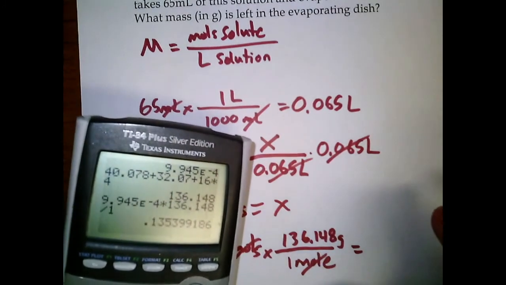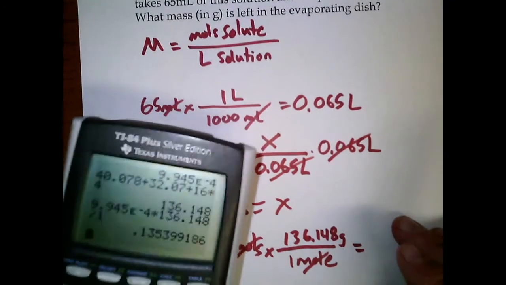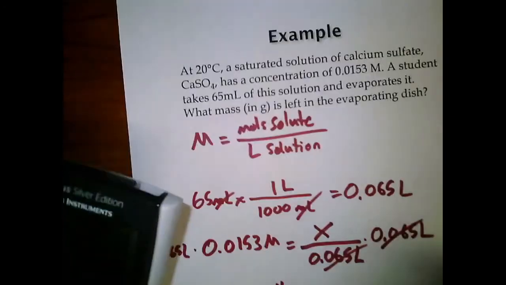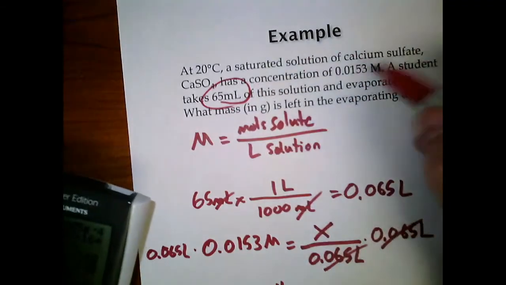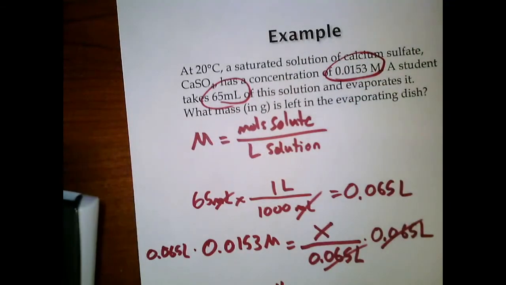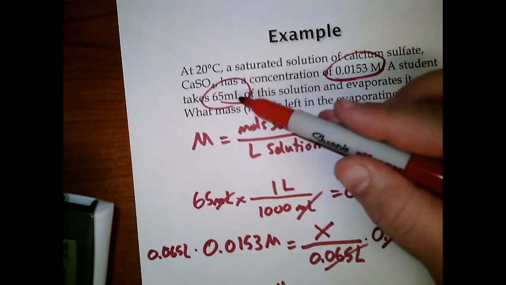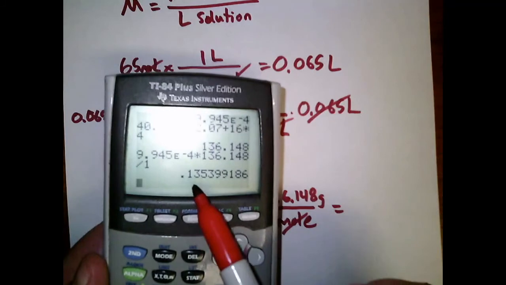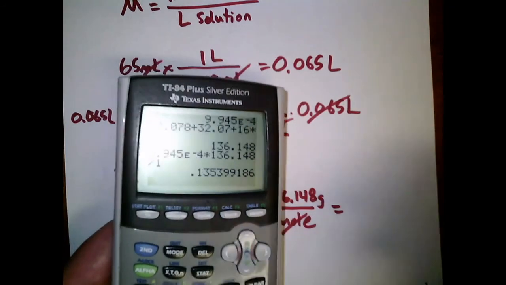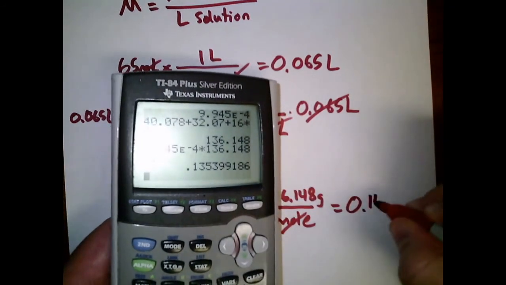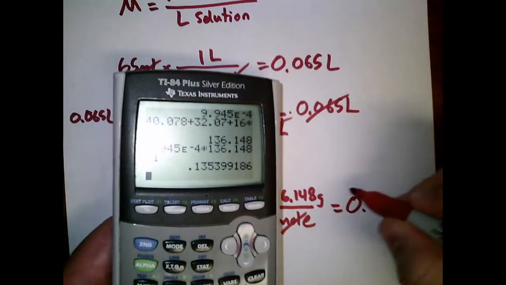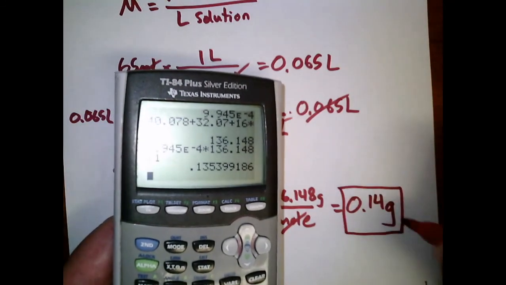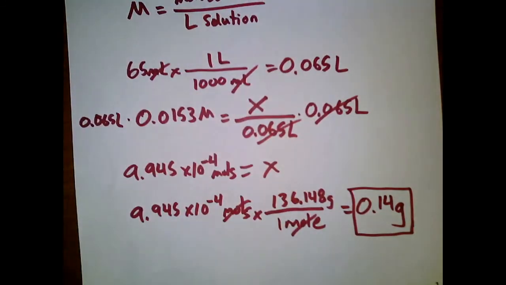This is where I round for significant figures. So the numbers that I actually used, my starting numbers here, were 65 and 0.0153. So this has 2 sig figs, this has 3 sig figs, so I'm going to round it to the lower of those, 2 significant figures. So I'm going to round this to 0.13, but then the 5 rounds it up to 4. So 0.14 grams of the calcium sulfate is how much I would have left after all the water evaporated.